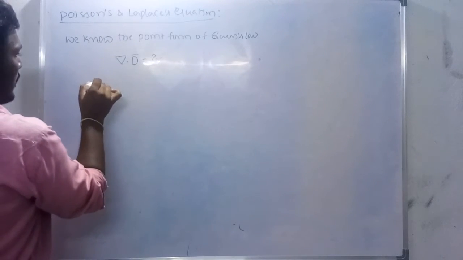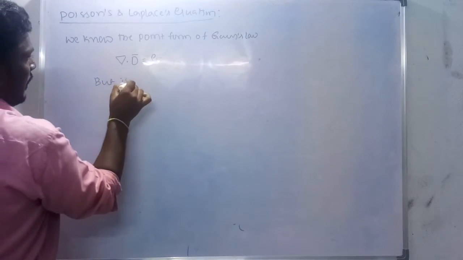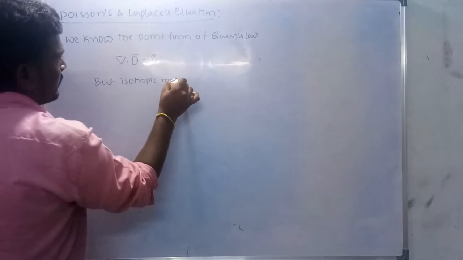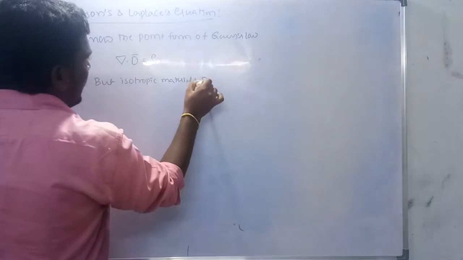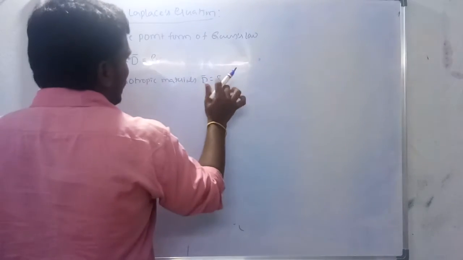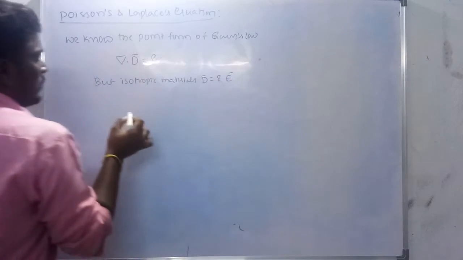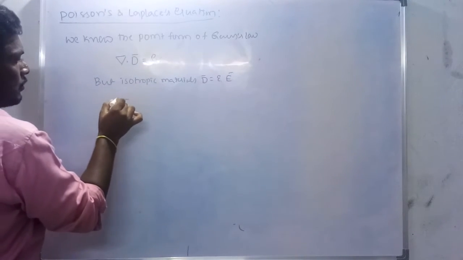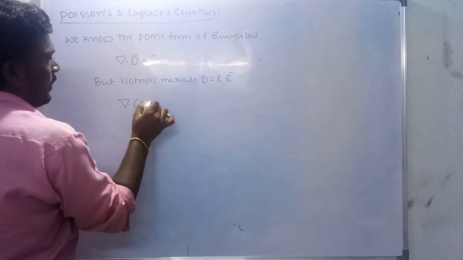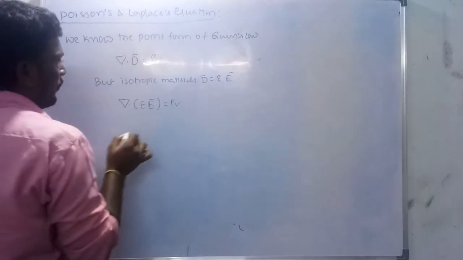But for isotropic materials, D bar is equal to epsilon into E bar. Substitute in that formula. So del dot epsilon E bar is equal to rho v.